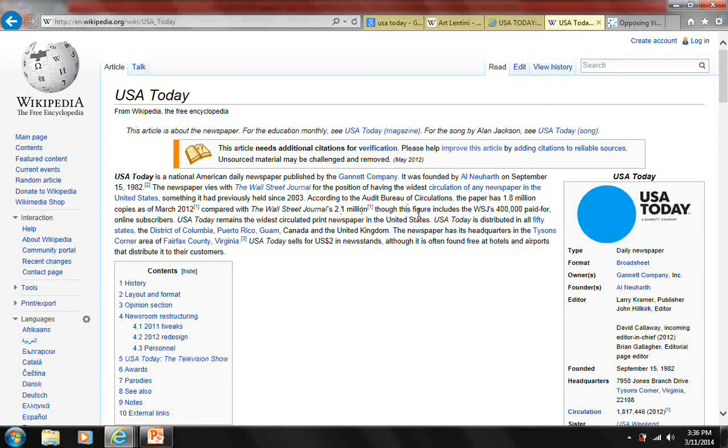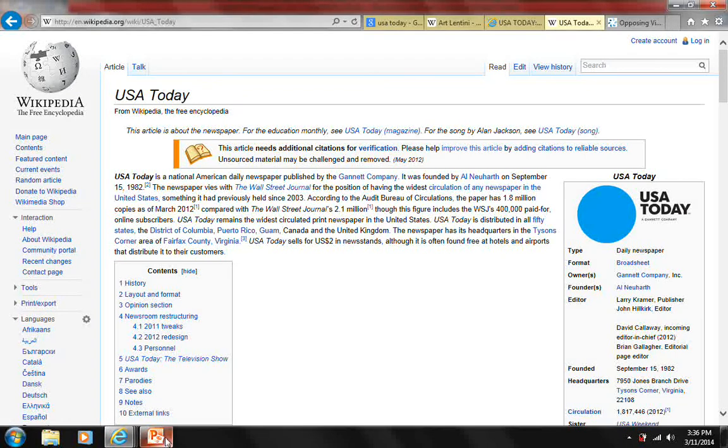Here we see some different pieces of information about it. It remains the widest circulated print newspaper in the United States. So this is adding to its credibility. This newspaper would not be so big if it were terrible and never gave good information. So the fact that it's so popular, that it's still around today, makes it a credible source to use.